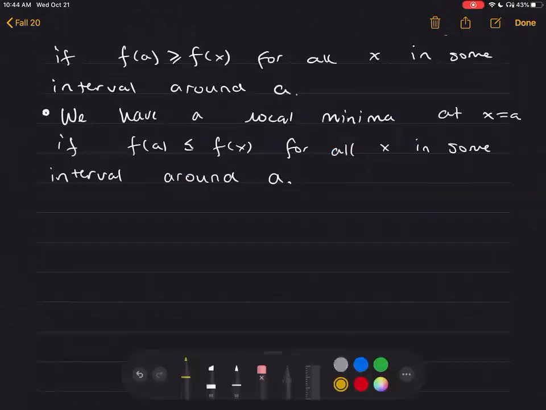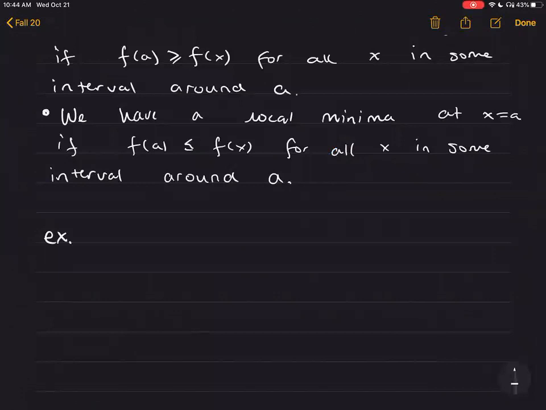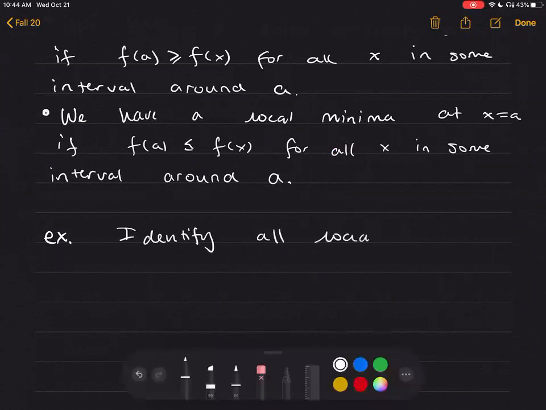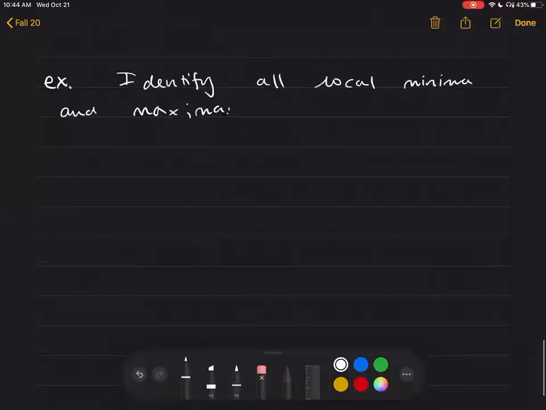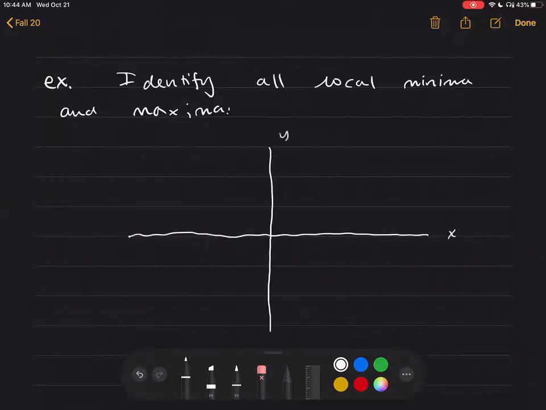So let's look at, again, an example of maybe a question you might be asked on your homework and such. So identify all the local minima and maxima. And let's draw a graph. Let's do kind of the same thing that we had a couple minutes ago.